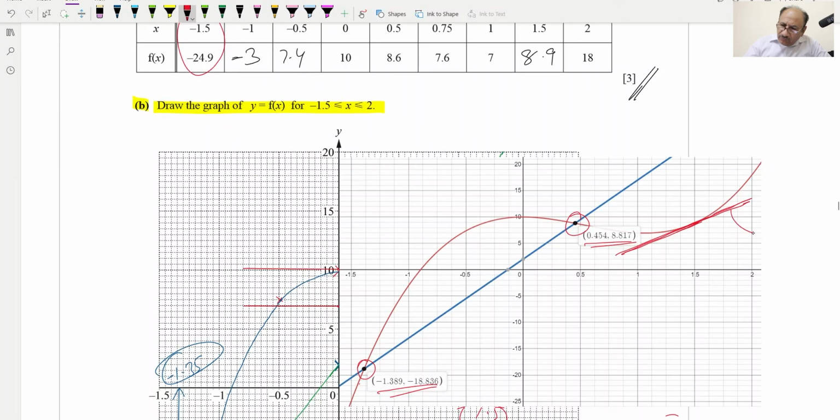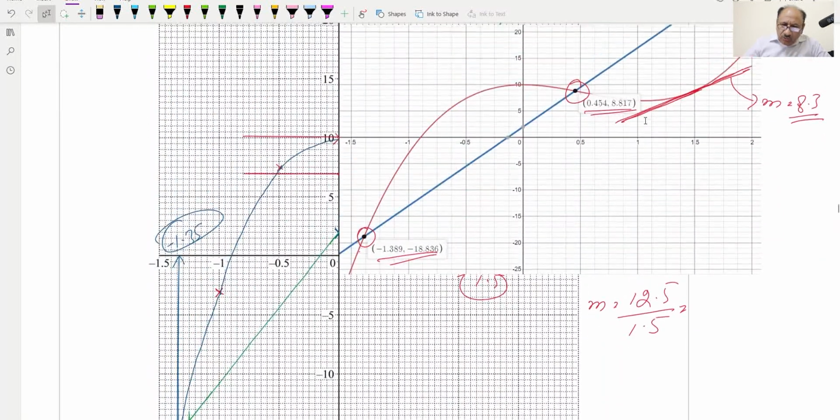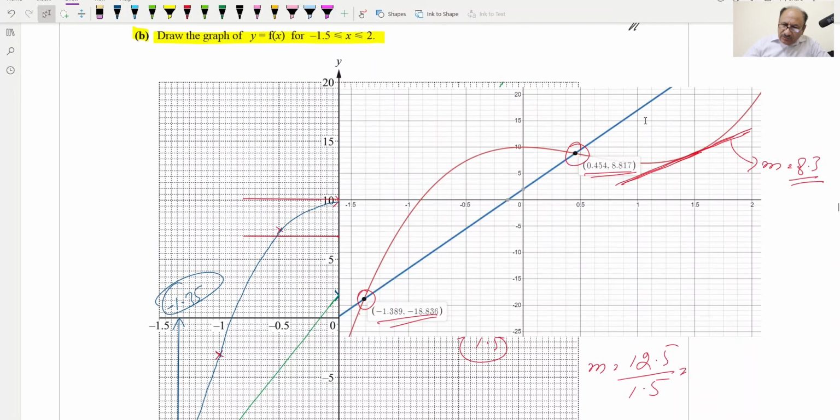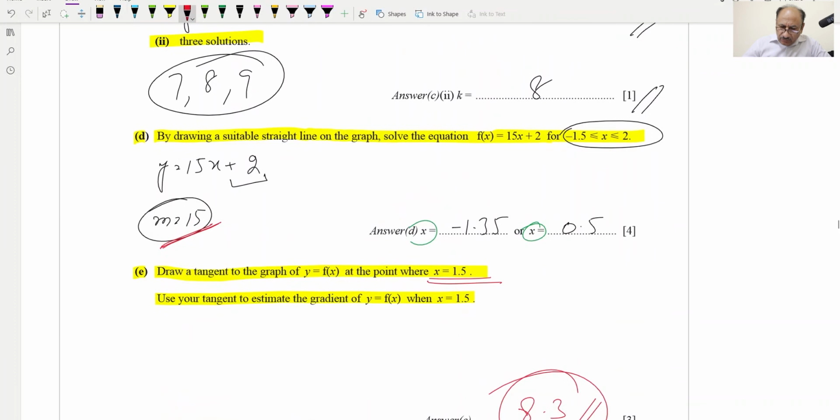So m of this line will be 8.3, or roughly closer to 8 will be the value. And this is how you can understand this graph. I have inserted this graph for your better understanding, and it's not compulsory. I thought it's better to explain this question with the addition of this one.